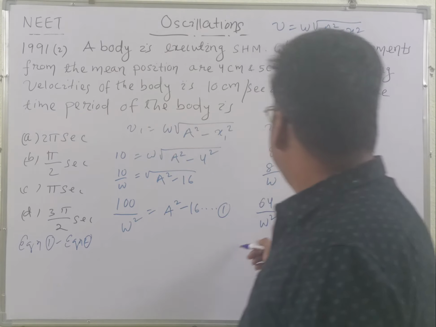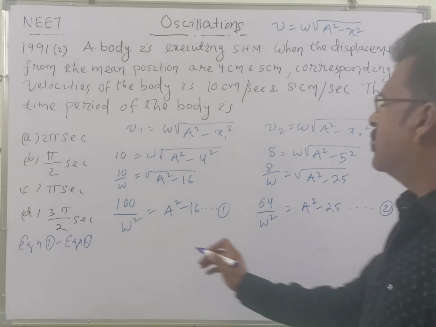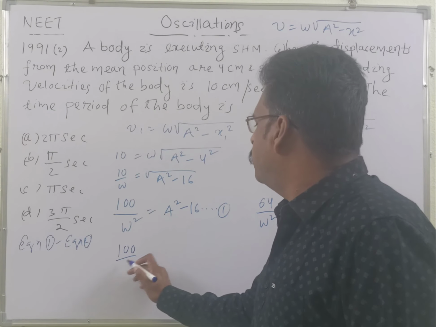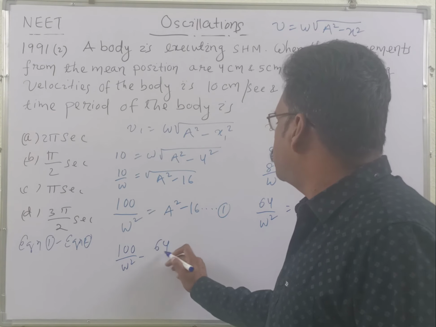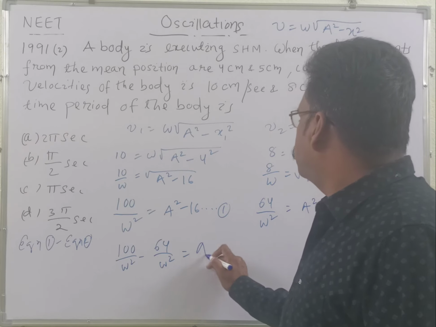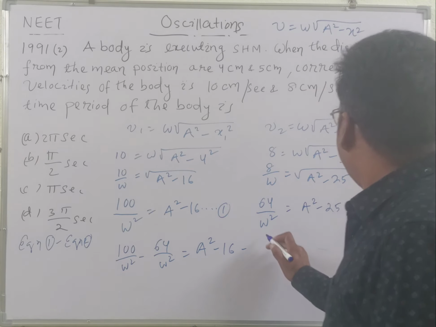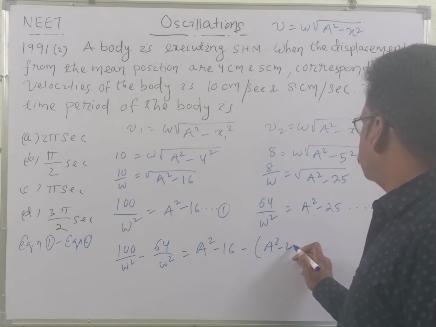Then that will be 100 by omega square minus 64 by omega square is equal to a square minus 16 minus a square minus 25.